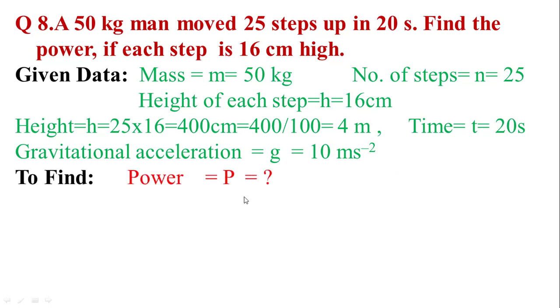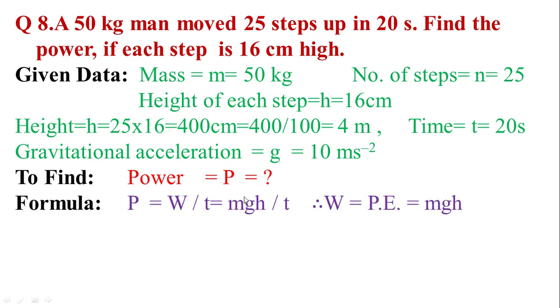To find power P, we write the formula P is equal to work upon time. We know that work done is equal to potential energy and potential energy is equal to mgh. Putting this value, power is equal to mgh upon t.